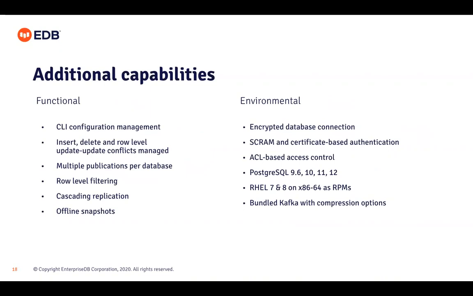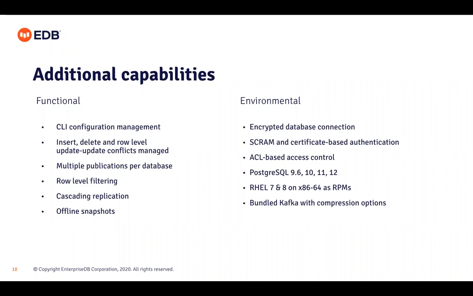Some additional capabilities to touch on, just to make sure we covered everything. Cascading replication was something we didn't really talk about, but Postgres logical replication out of the box does support that, and we support that with EDB Replicate.